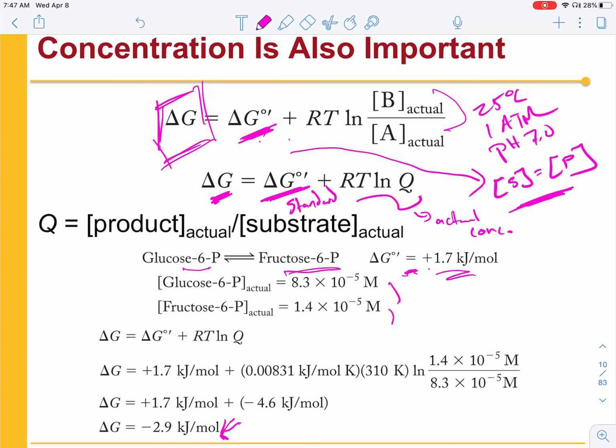And so you took a reaction that is endergonic, and in the actual conditions in the cell made it exergonic. And so this is a way in which you can get to a reaction without having to invest energy in the form of coupling that reaction to something else.